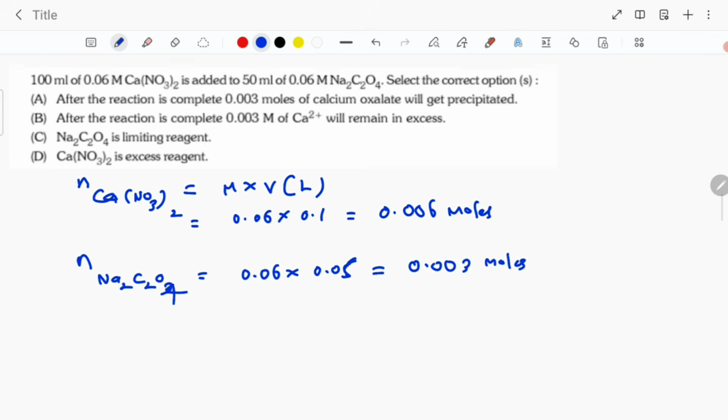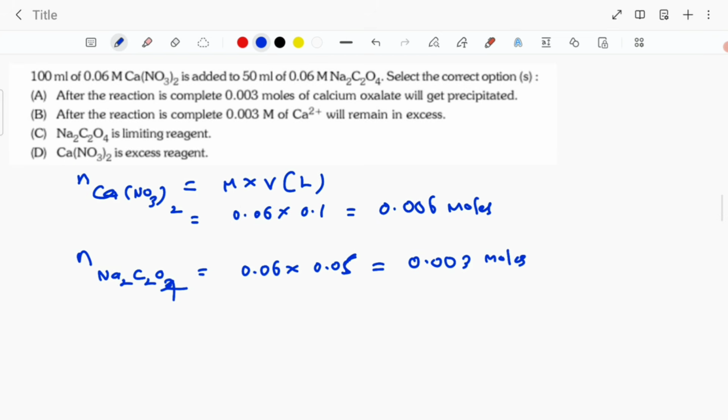Now after knowing this information, you write the reaction with 0.006 moles and 0.003 moles.